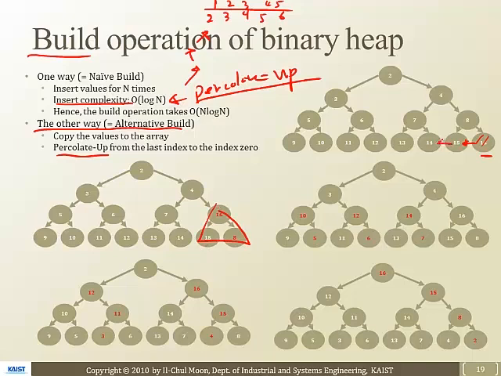So we move to this 14, right? So it means that we are going backward in terms of the array index. We start from the maximum array index to the index of 1. That's what we are going to follow. So move to the 14, and if we do the one time percolate up, we have to exchange the 14 with 7.